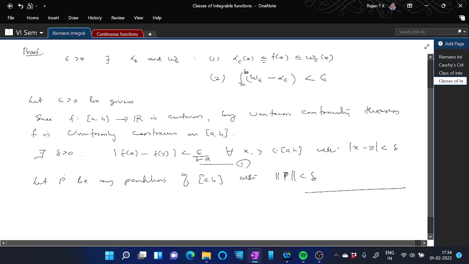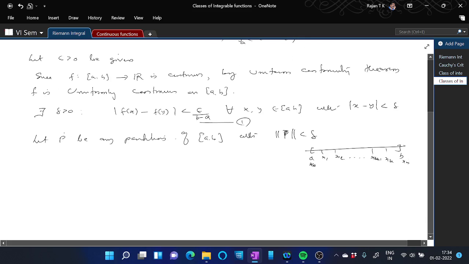So we have a partition now of [a,b], say a equal to x0, x1, x2, and so on, x(n-1), xn, so x(k-1), xk, finally xn equal to b, be a partition.